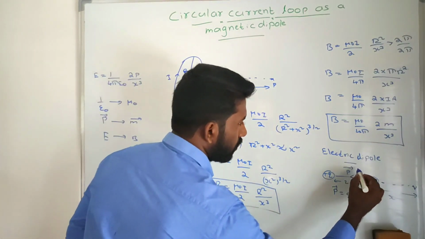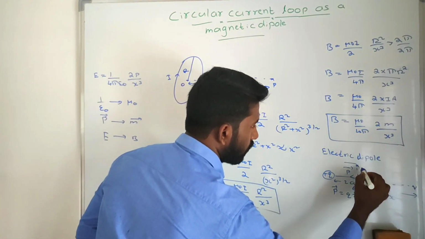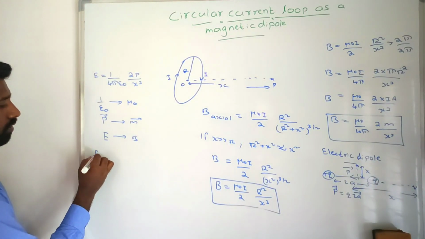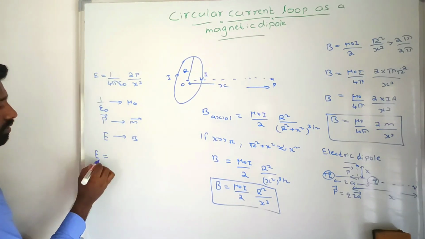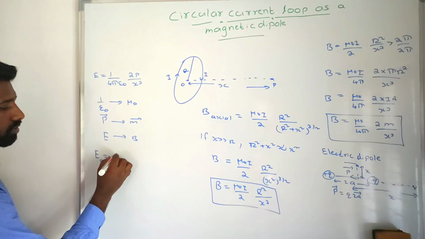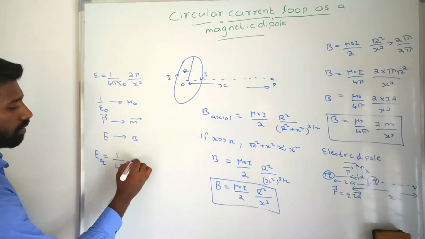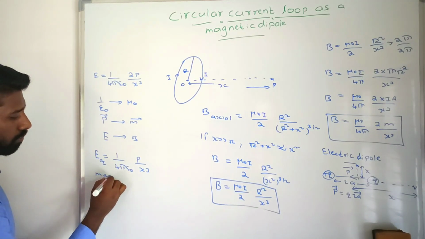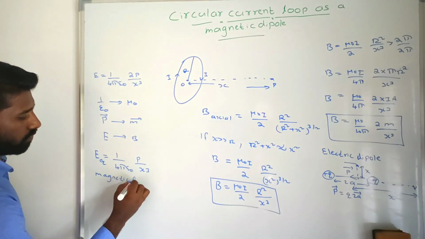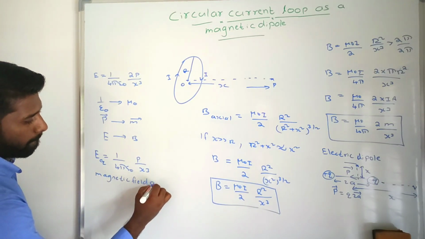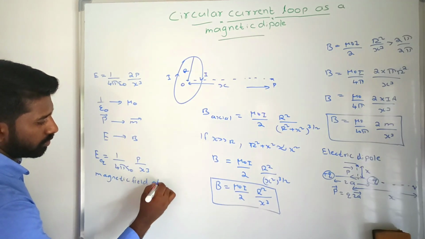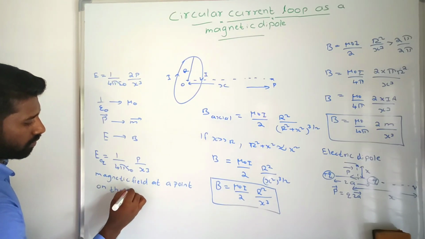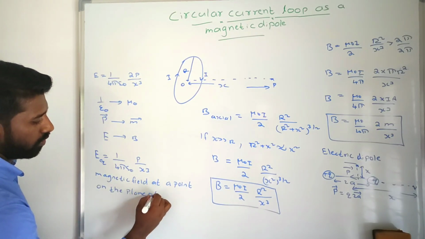So you already know, if the point is along the equatorial plane and x distant from the center of the electric dipole, the electric field formula for the equatorial plane is 1 by 4 pi epsilon 0, P by x cube. In a similar way we can find the magnetic field at a point on the plane of the loop.